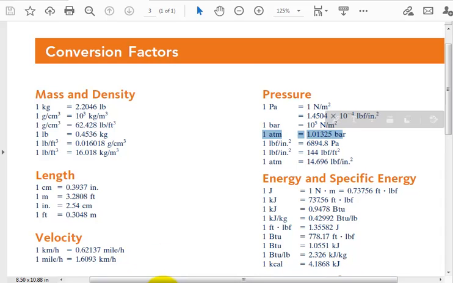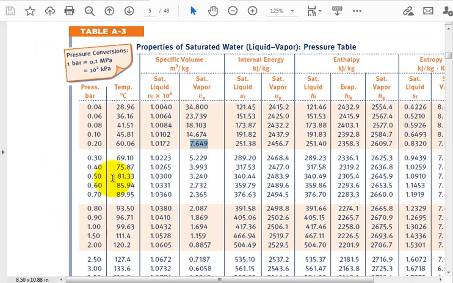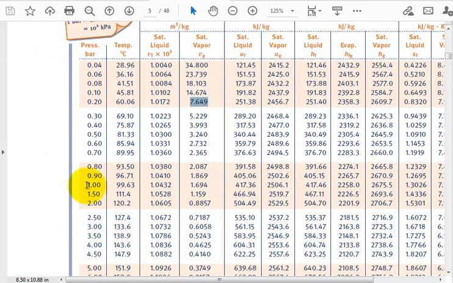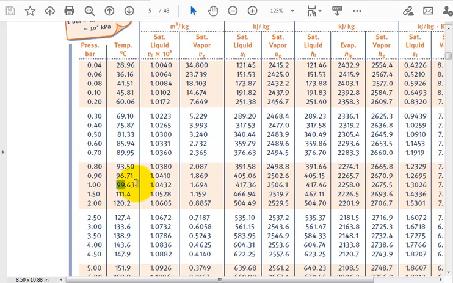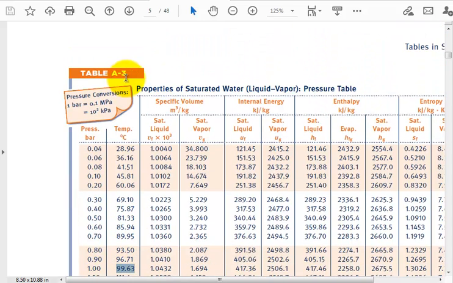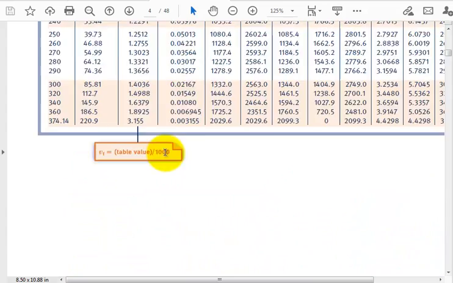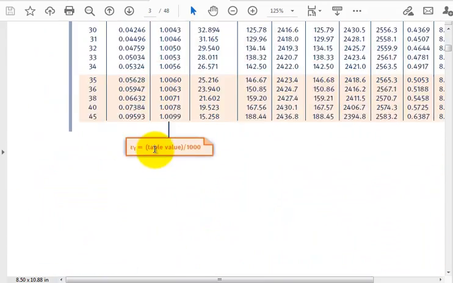So we can take a look at the table, and we can come down here and we could say, well, that's almost 1 atmosphere pressure. That's 1 bar. The saturation temperature right up here is almost 100 degrees C, but it's not precisely. So maybe instead of using table A3, we'll jump back and take a look at table A2.